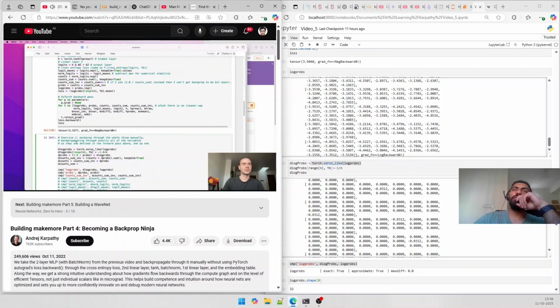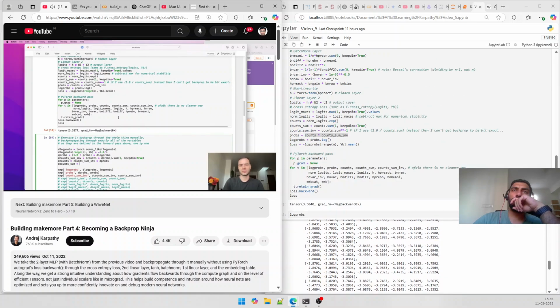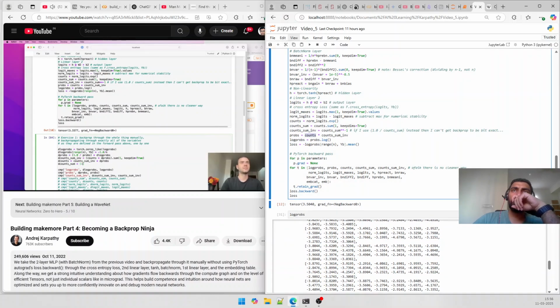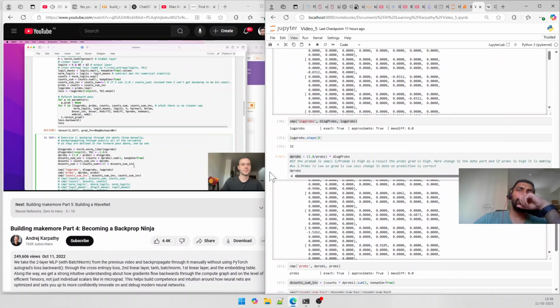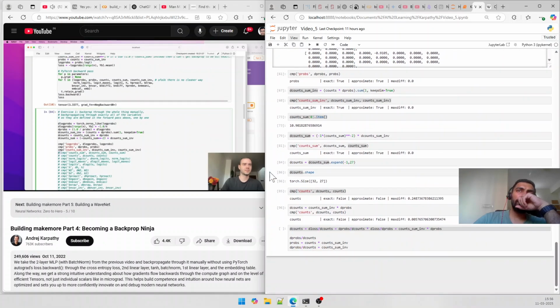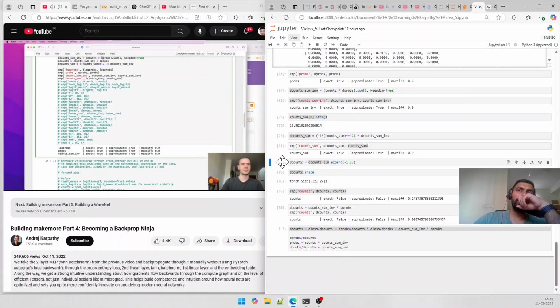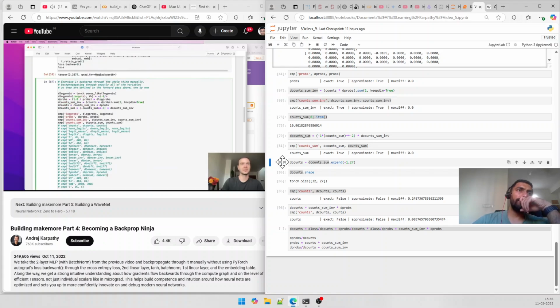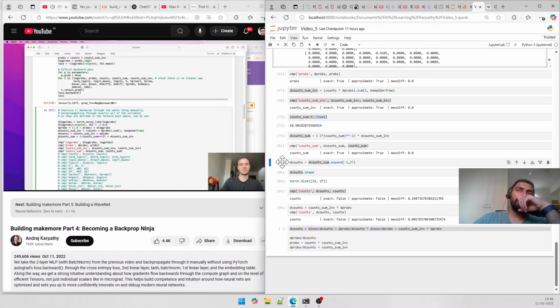So the local derivative is going to be negative count sum to the -2, times the chain rule, which is d count sum inv. So that's d count sum. Let's uncomment this and check that I'm correct. Okay, we have perfect equality, and there's no sketchiness going on here with any shapes because these are of the same shape.